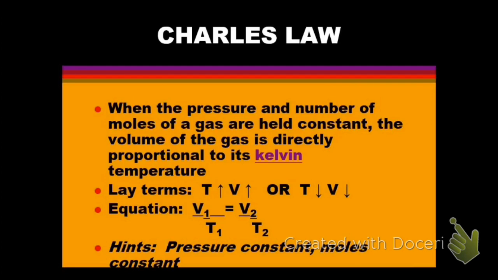First of all, Charles' law only applies when the number of moles of a gas, so the amount, is held constant, and that can simply be implied as an example of a tied balloon. We would know we would be putting no more air in or out. And then we also need to know that the pressure is being held constant.